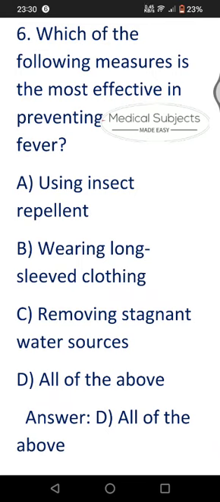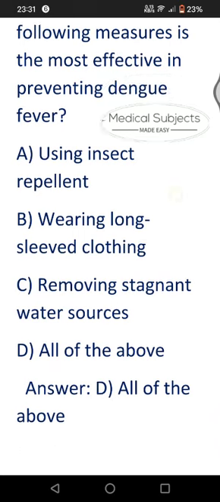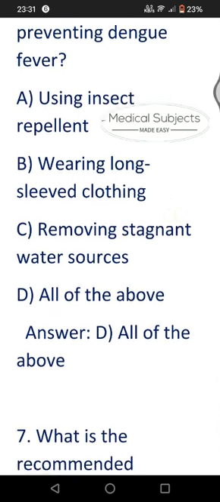You need to remove stagnant water sources, because the dengue mosquito, or Aedes mosquito, breeds in clean stagnant water. Clean, not polluted, not dirty. So removal of stagnant water is of the utmost importance in not allowing the Aedes mosquito to breed.